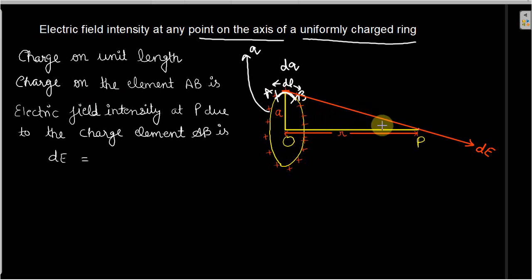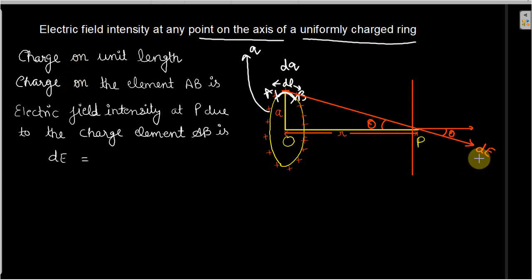Let us consider this angle to be theta, and we will draw a perpendicular y-axis here. Now if this angle is theta and we extend the x-axis and the y-axis, this angle will also be theta, since it is a vertically opposite angle.